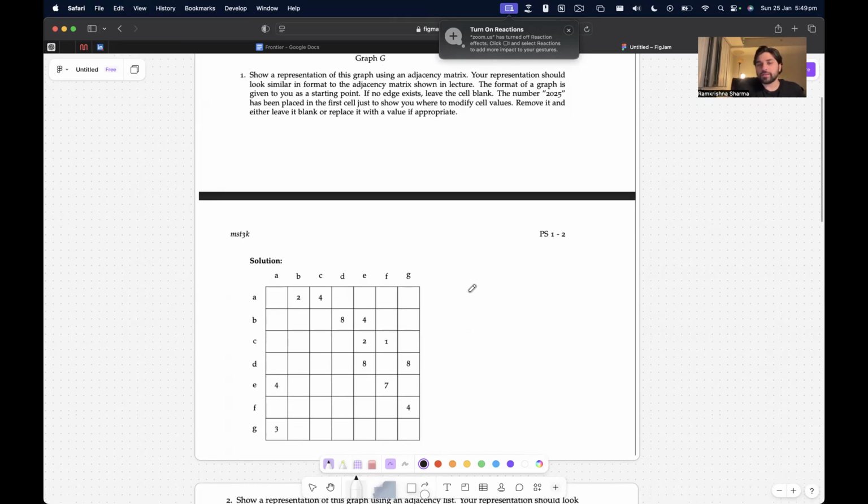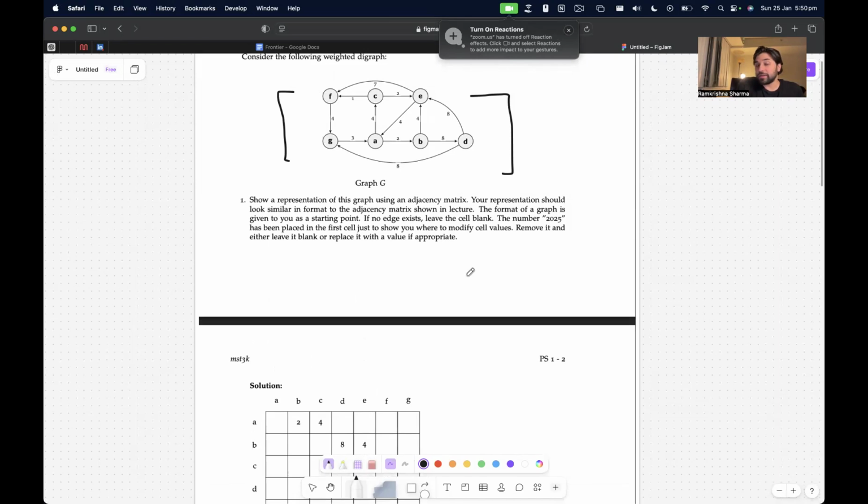One useful thing to mention is that if you have a graph of n vertices, the size of your adjacency matrix is going to be n by n. In this case, we had 1, 2, 3, 4, 5, 6, 7 vertices, so our adjacency matrix was 7 by 7, in other words 7 squared.